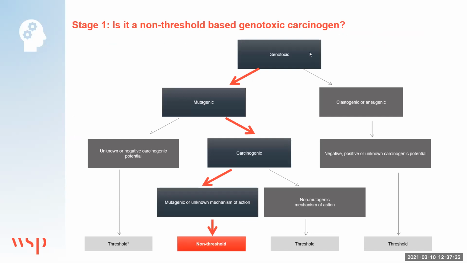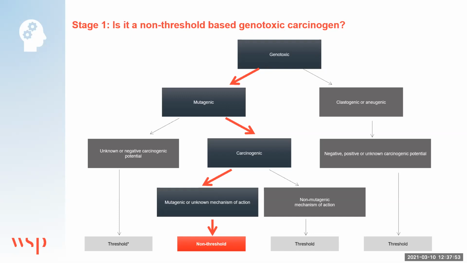So here's I guess a hierarchy or a flow chart of that process. We were primarily involved with these red thick arrows down to the non-threshold, in understanding if the chemical is a non-threshold based genotoxic carcinogen. So tumors can arise due to a genotoxic or non-genotoxic mechanism of action.